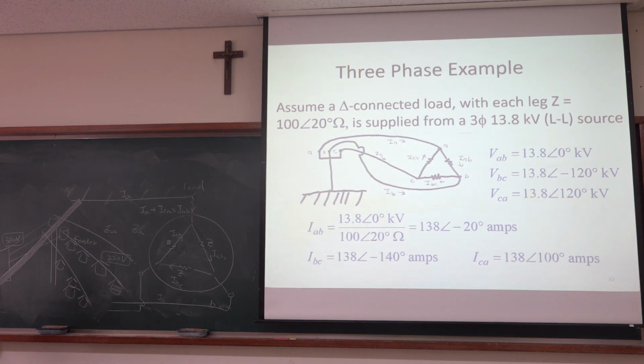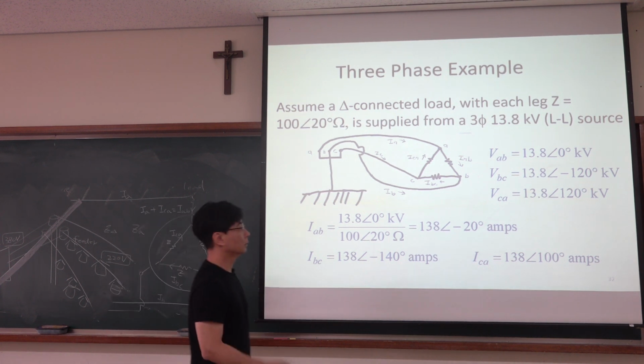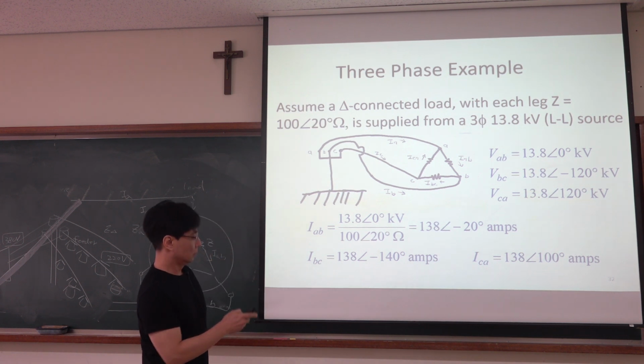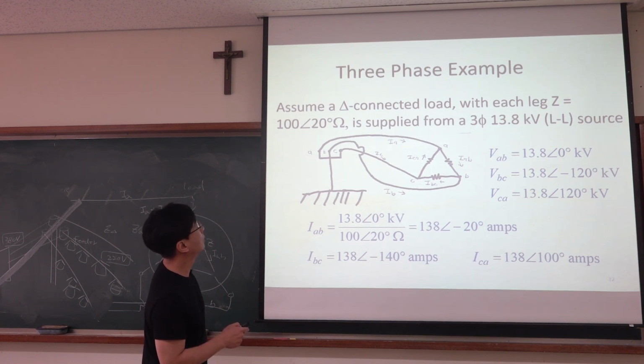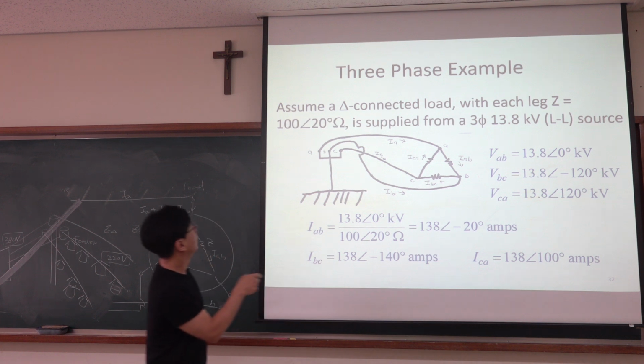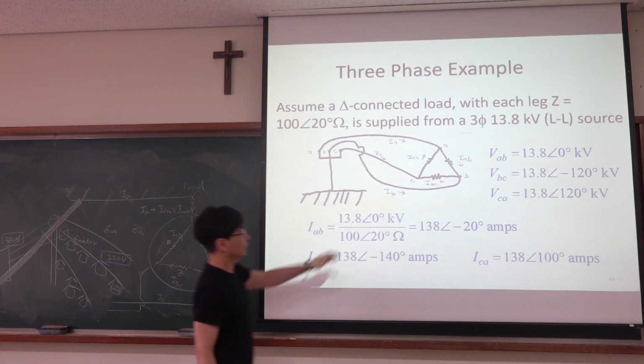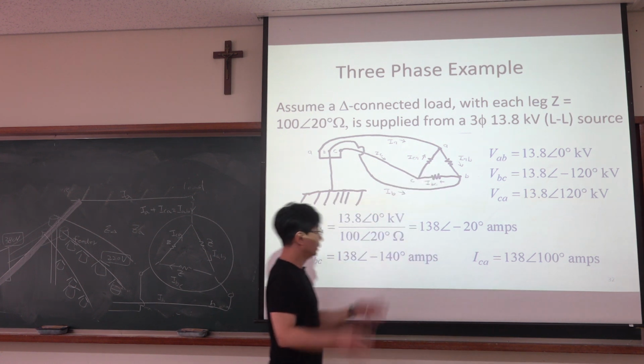The line voltages VAB, VBC, VCA are 13.8 kilovolt. This load is 100 and the phase is that much. This is the inductive load, a motor.